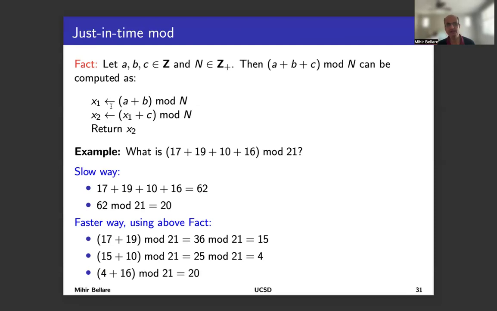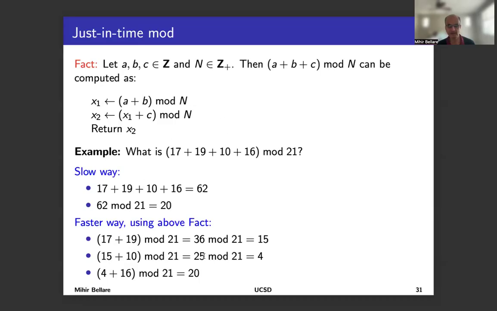Instead, we can appeal to this fact. And what it says is you can do the mods as you go along. So in other words, over here, I first do 17 plus 19, which is 36. Instead of taking the 36 further, I immediately do a mod with 21, and that'll only leave me with 15. Now I take the 15 on and add that to the 10 over here.